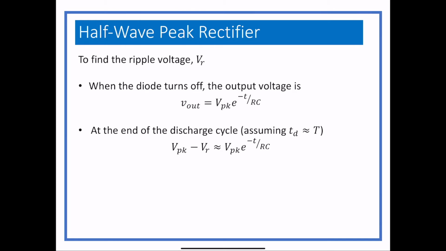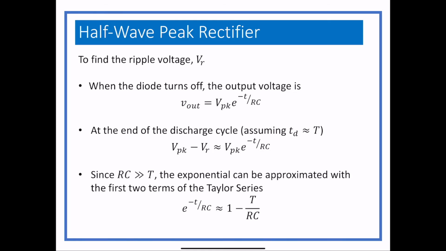Since RC is really large compared to the period of the waveform, we can actually approximate that exponential, e to the minus t over RC, and we use the first two terms of the Taylor series. We get 1 minus the period over RC. And we just use that as an approximation of that exponential function, which makes the whole process a lot easier.